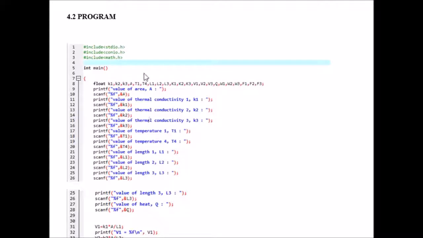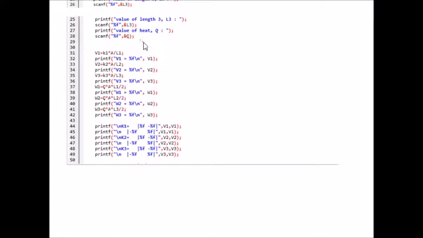This is the program for this question. First, we print all the given values in the equation: print A, K1, K2, K3, T1, T4, L1, L2, L3, and Q. Next, to find the value of f, we use the formula K1 times A over L1, and print f.